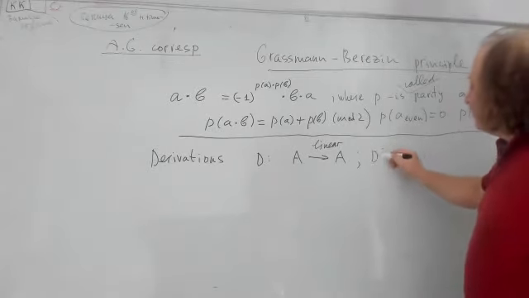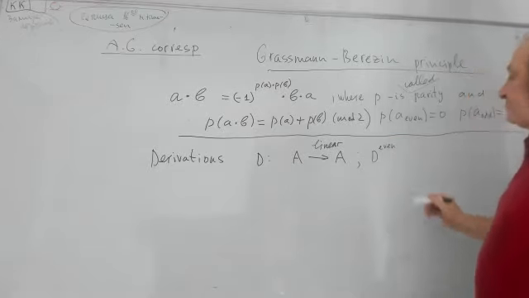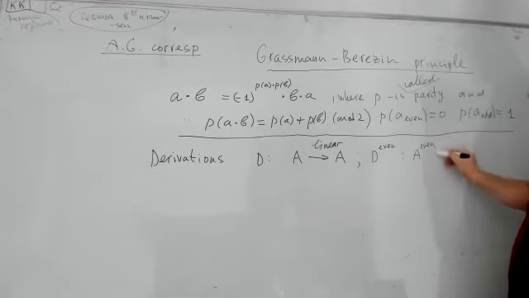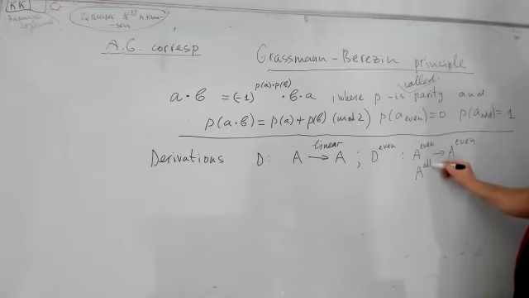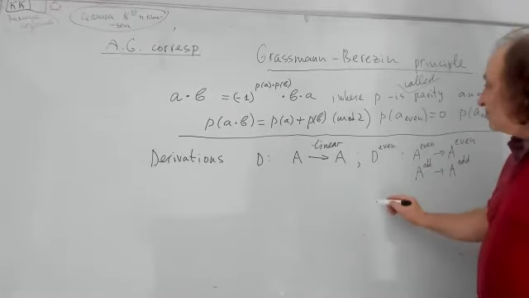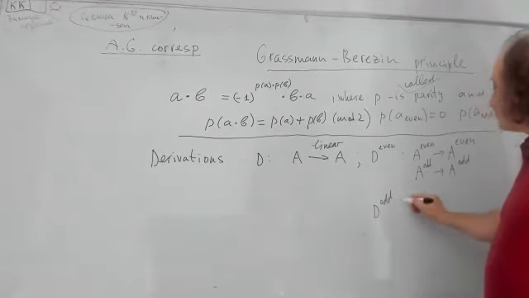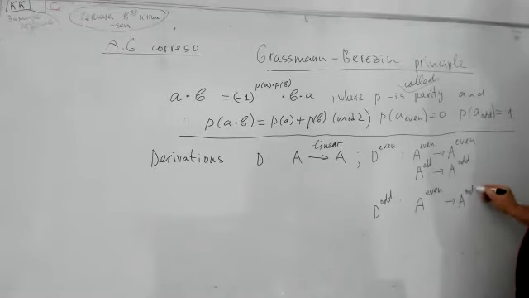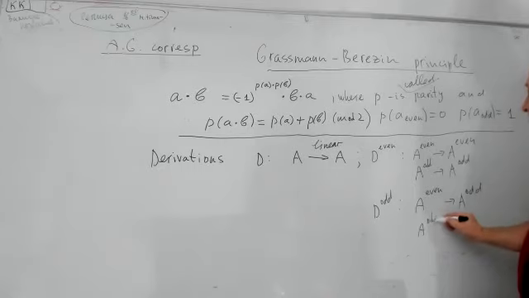There would be D even, that maps A even to A even and A odd to A odd, and also D odd, that maps A even to A odd and A odd to A even.